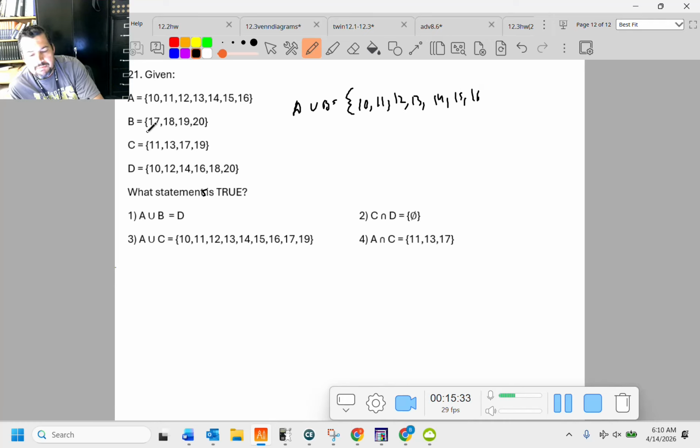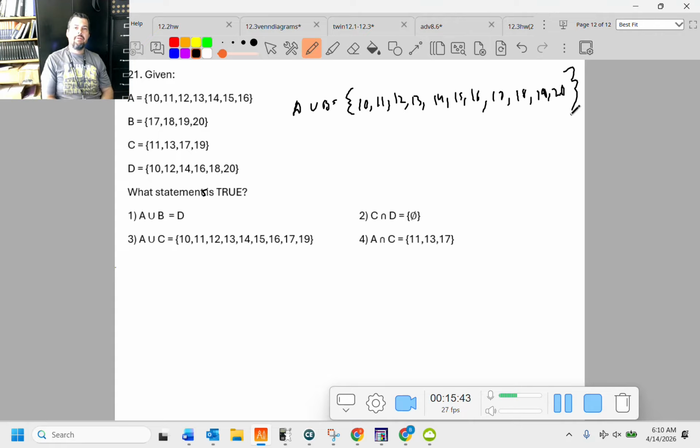And I would add what's in B, which is 17, 18, 19, 20. Very few kids actually bothered writing this stuff down. I guess you just did it all up here, but it's not choice one. Choice one is false.